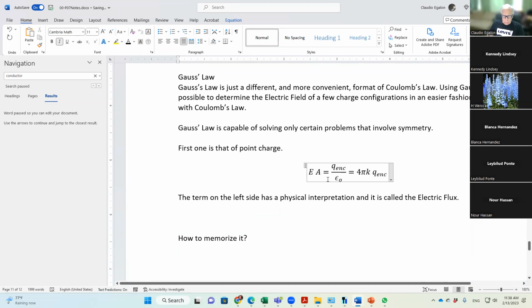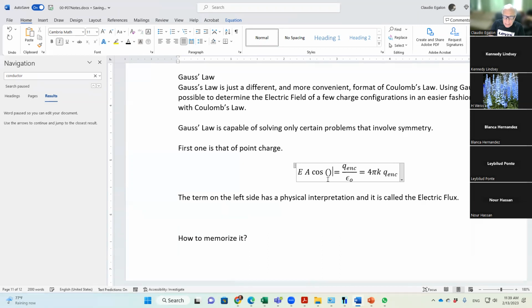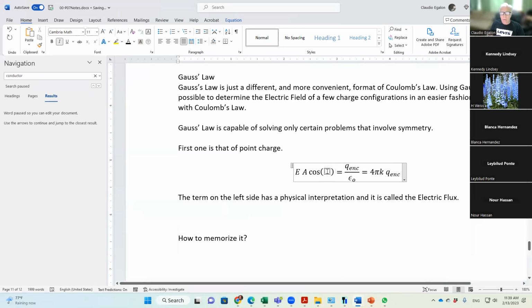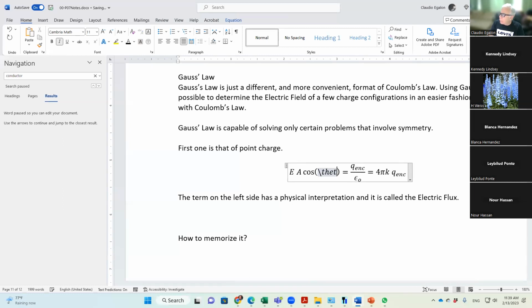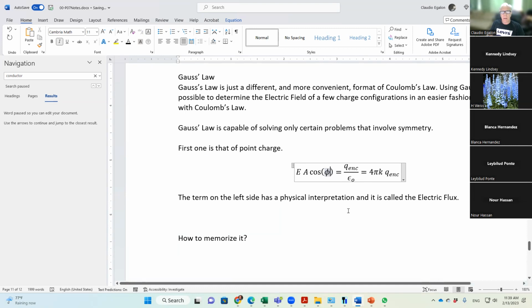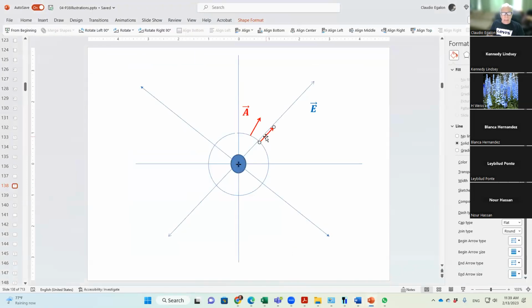But to be more generic, in reality, the electric flux is going to be EA times the cosine of the angle. And I'm going to use the same angle of the book, phi. What's this angle phi? It is the angle between the electric field and the area vector. For the case of a point charge, this angle is always going to be 0, okay?